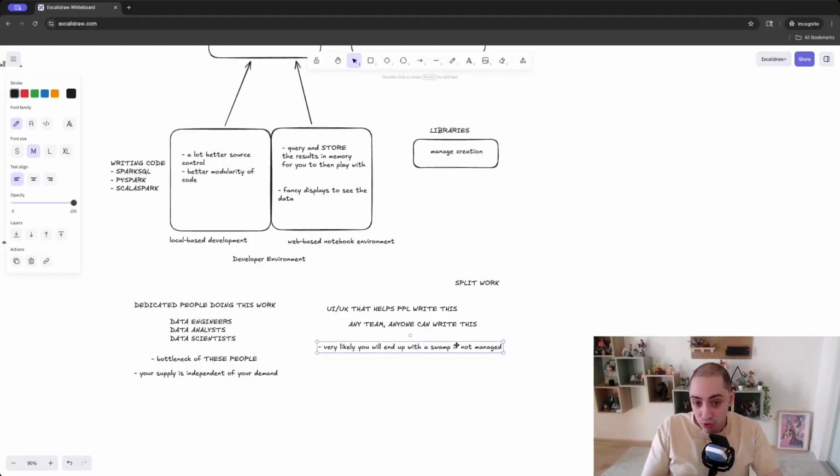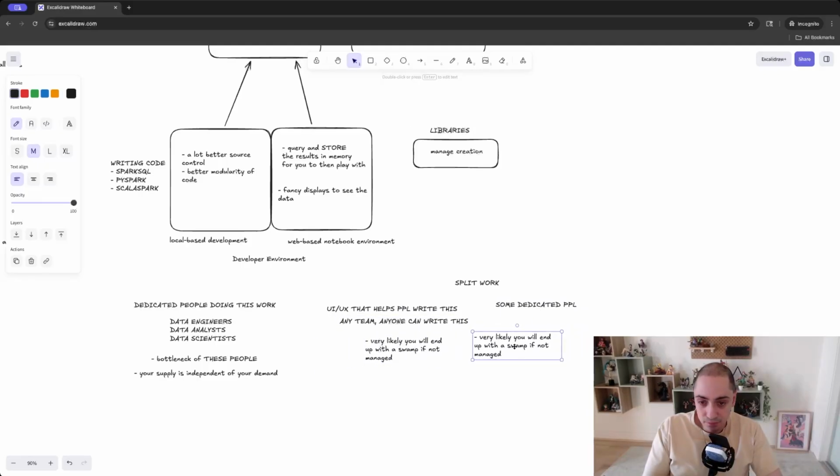And so in that world, a lot of companies will have some dedicated people, and their job is to manage other people's code, give advice, tell people to get rid of stuff. They're basically managers of the ecosystem. They're like curators. Actually, a better way to put this is they're curators. So that's kind of another option for this.